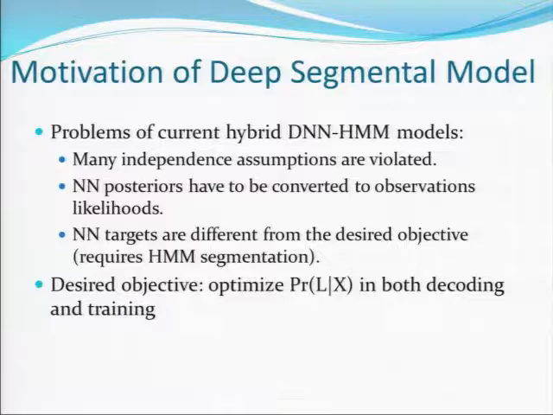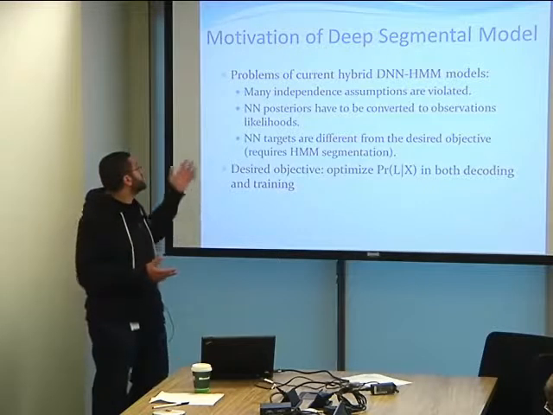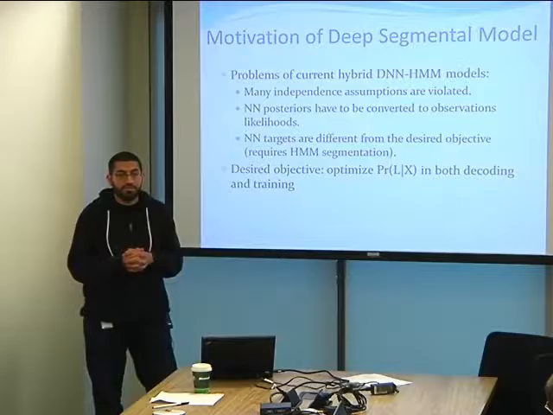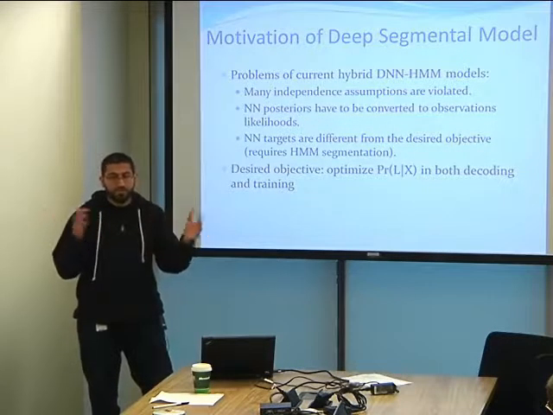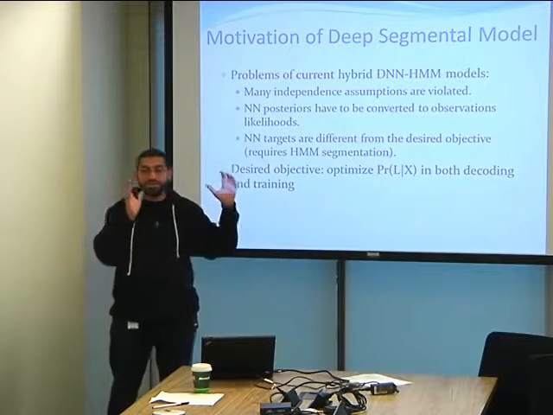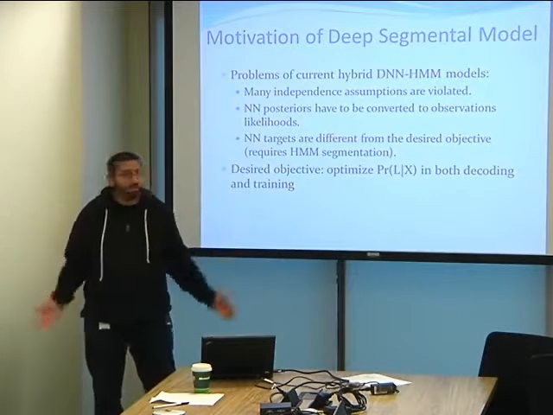So the motivation for this segmental model is that in the hybrid deep neural network HMM model, first, many independence assumptions are violated. For example, it assumes that each frame is independent from the previous and next, although I use the same set of frames and only change one frame from the 15.